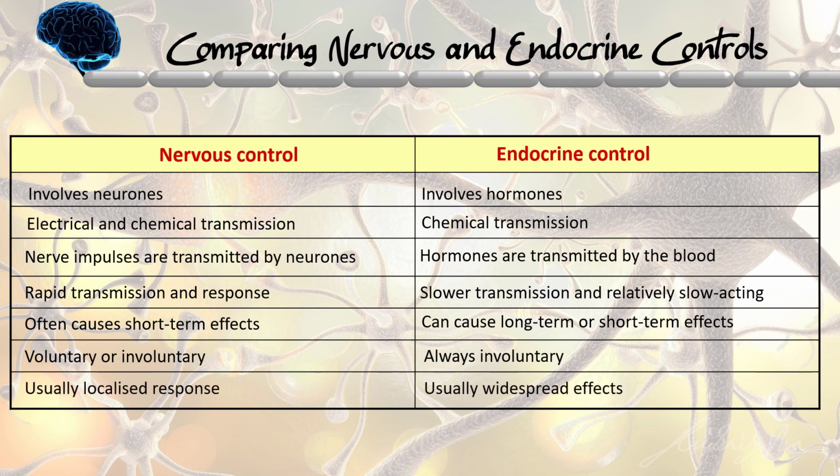And lastly, nervous control is usually localized. That means if I want my hand to move, my leg doesn't move together with my hand. For endocrine control, it can be widespread. For example, insulin can cause various parts of our body to absorb more glucose from the blood. And that will be all for this chapter.